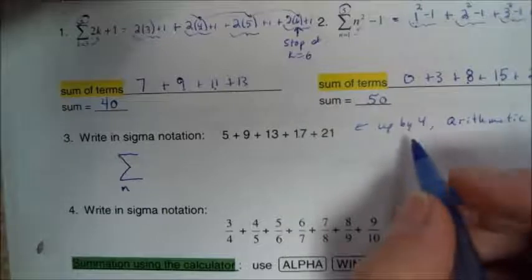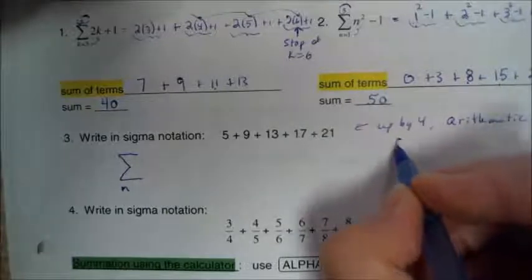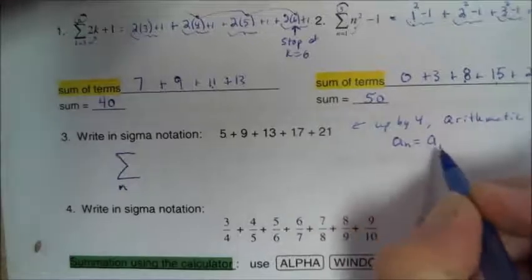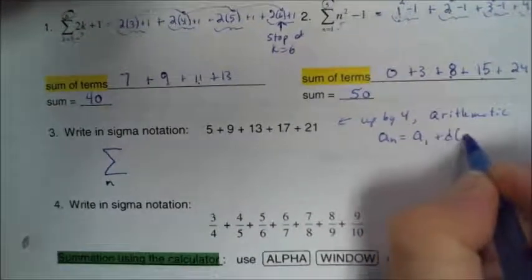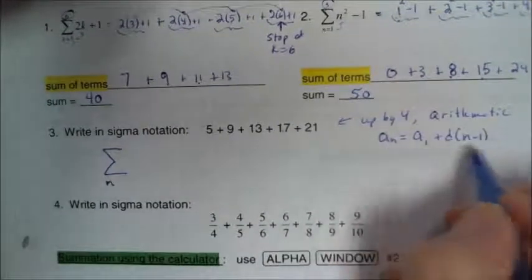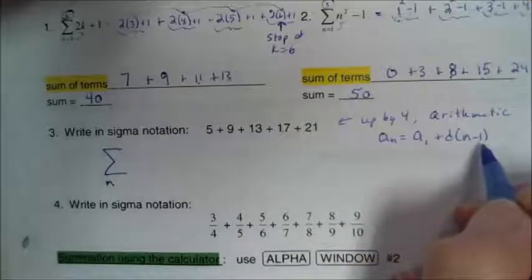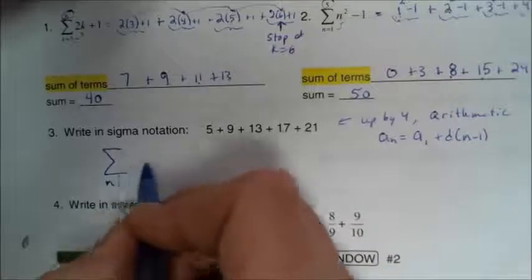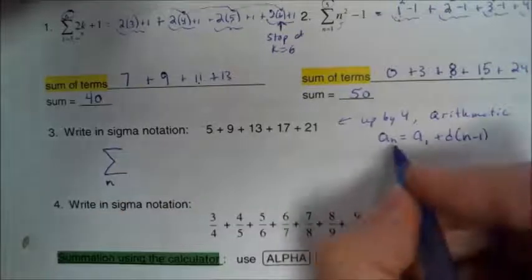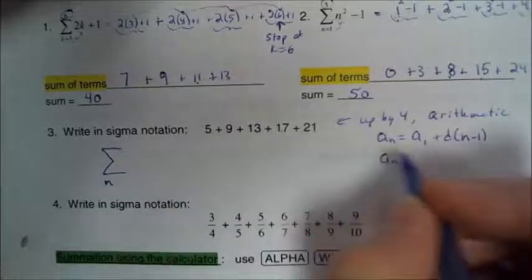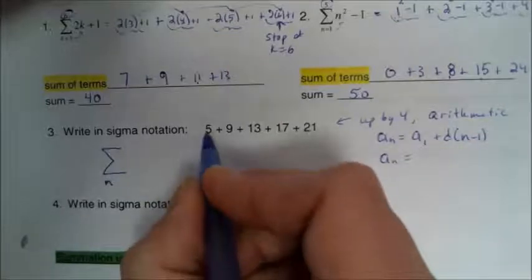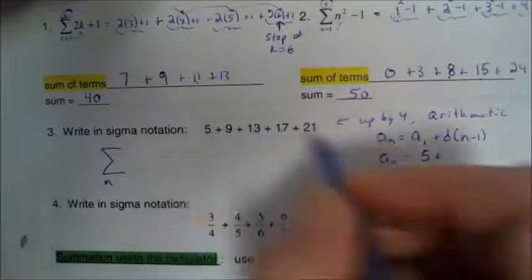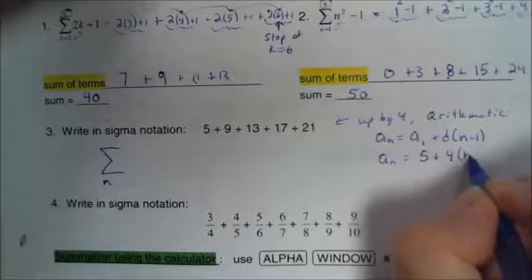And if you remember the formula, a_n equals a_1 plus d times n minus 1, that's how you get all of the terms in an arithmetic sequence. So this a_n is going to go here as our formula. So the formula to get those numbers is: a_1, the first term, is 5. The difference between all these terms is 4.